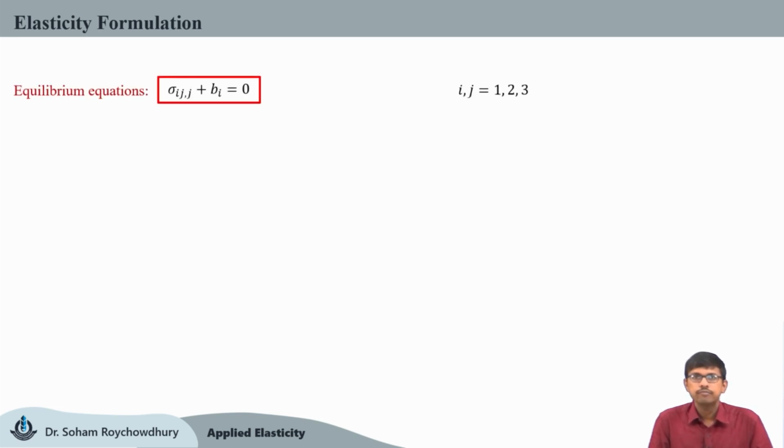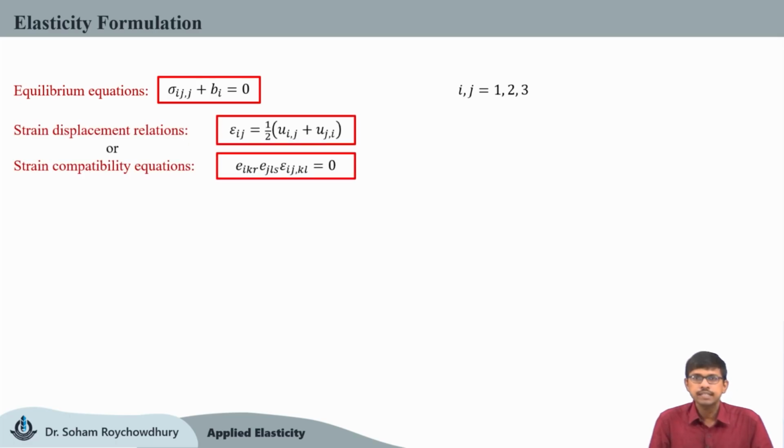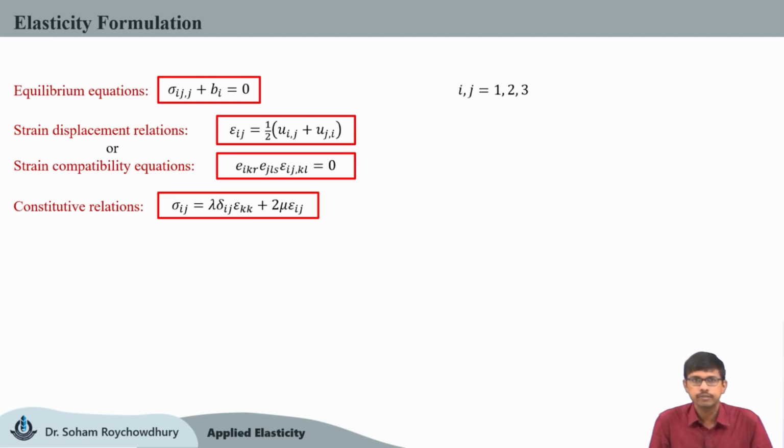Now, just to have a quick recap of elasticity formulation for infinitesimally small linear elastic deformation problems, we have 15 field equations of elasticity. First three are the equilibrium equations, then we have 6 strain displacement relations or 6 strain compatibility relations, then we have 6 constitutive relations.